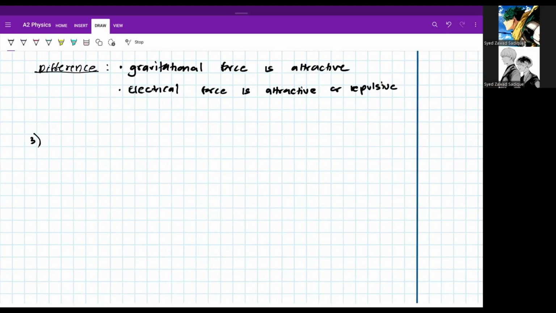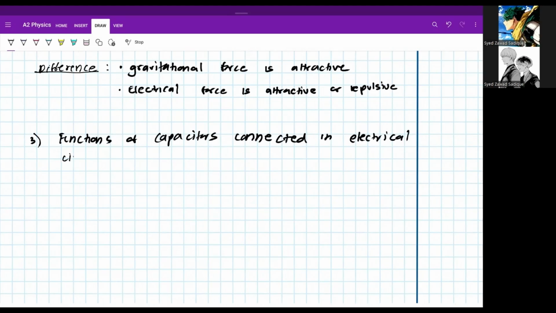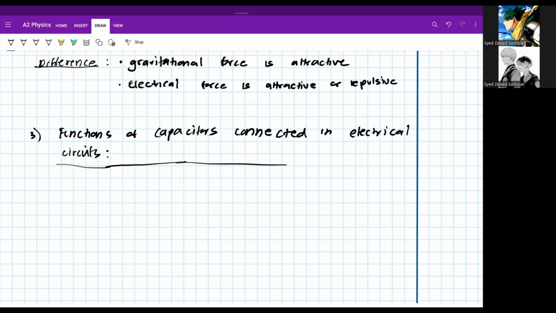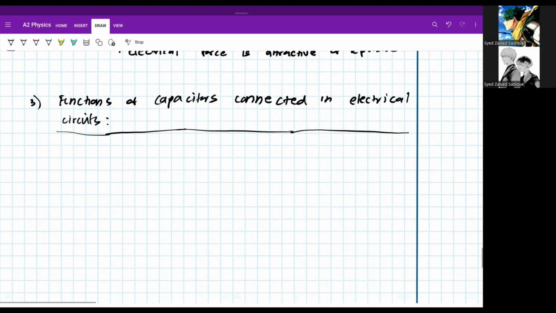3. Functions of capacitors connected in electrical circuits. This is a question that you write in bullet points.